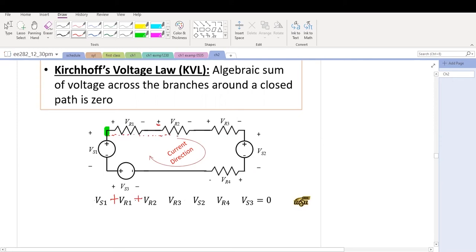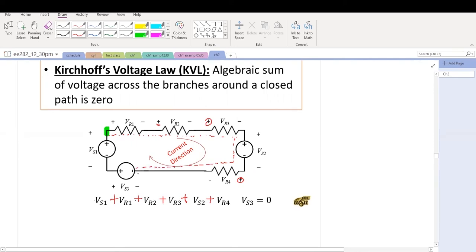And then I keep going. Positive sign here, VR3. And then positive sign here, Vs2.